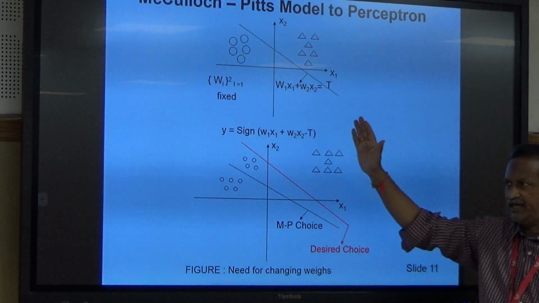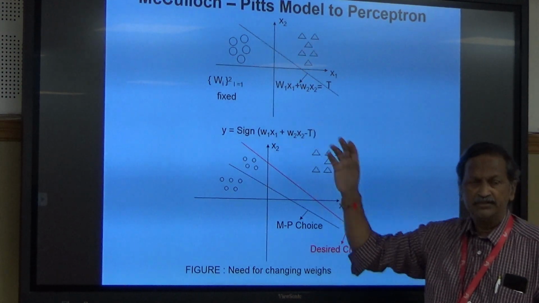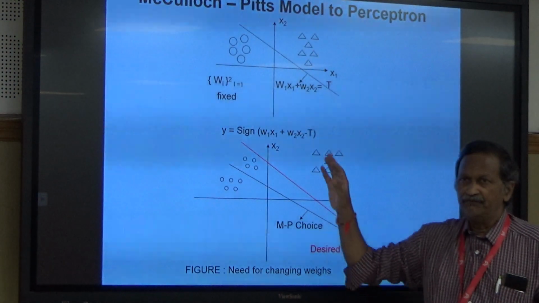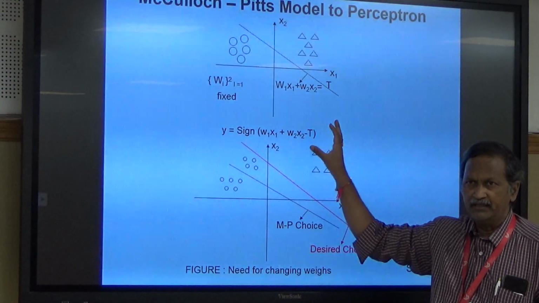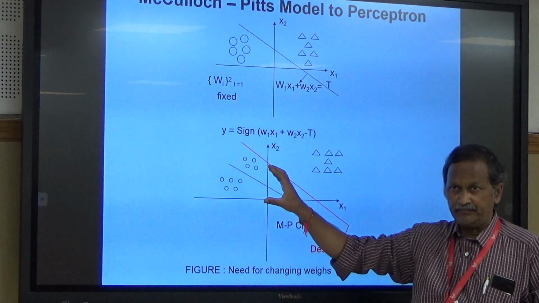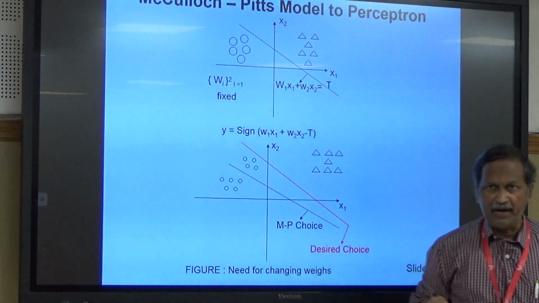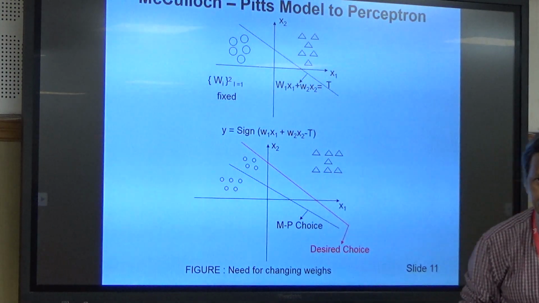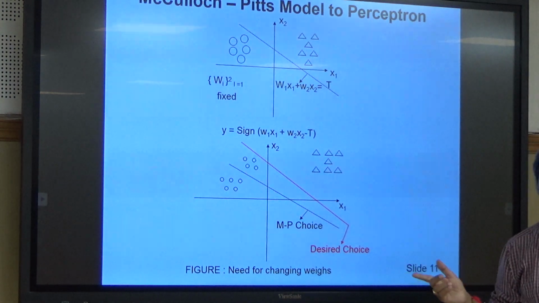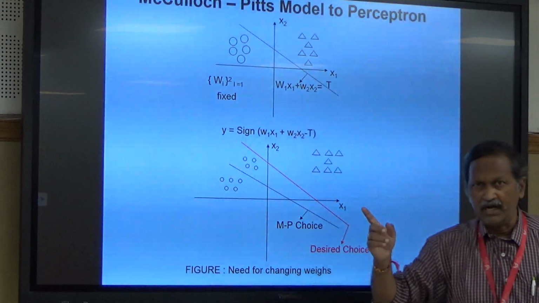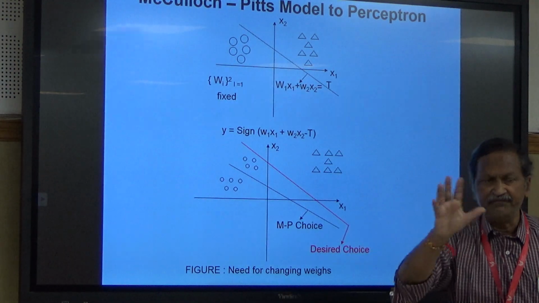So suppose we change the weights. Suppose there are 100 patterns, 50 belonging to class A, 50 belonging to class B. Suppose the pattern got into error and we change the weights. The first one got correctly classified with the new weights.